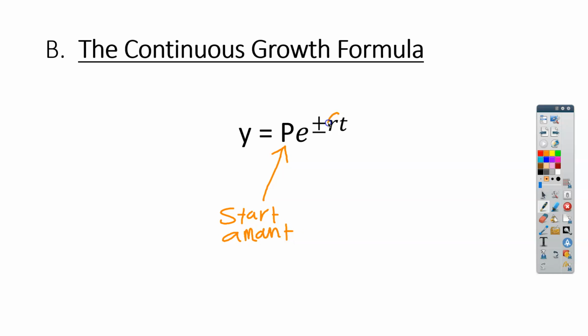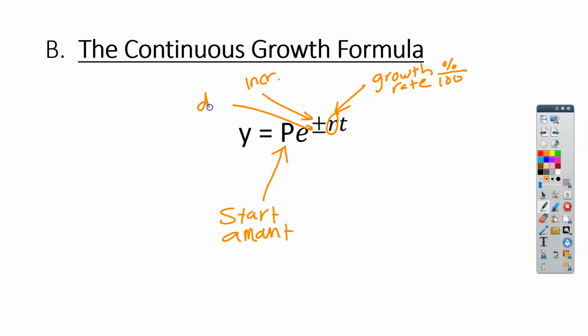What do you guys think the R represents? It's the growth rate. Good. And once again, you're going to get that by doing your percentage divided by 100, right? What do you guys think's up with the plus and minus there? There you go. If it's an increasing function, it's plus.